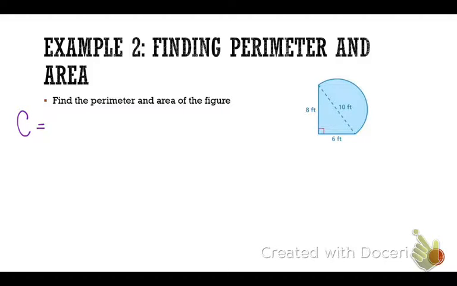Circumference equals, which formula are you going to use? Aiden? Is it 2 pi r or pi d? What information am I given here in this problem? Okay, so since it gives me the diameter, I'm going to use pi d.